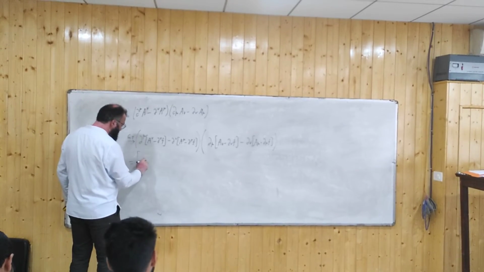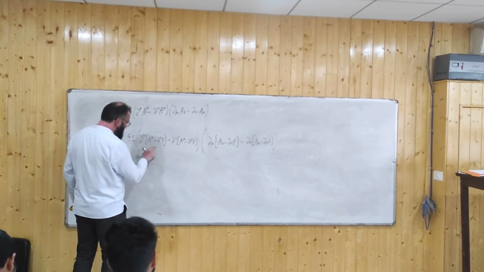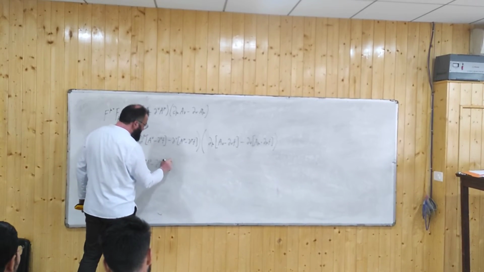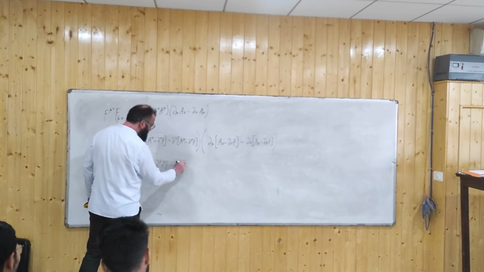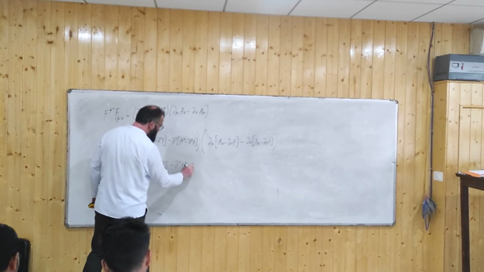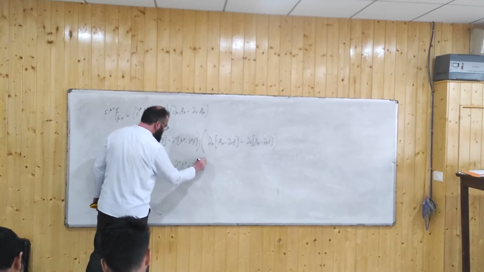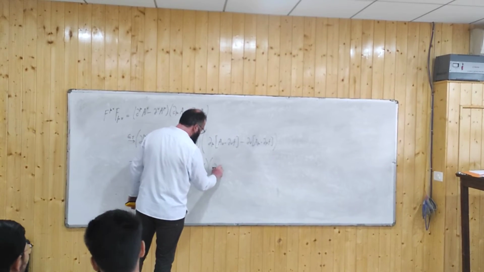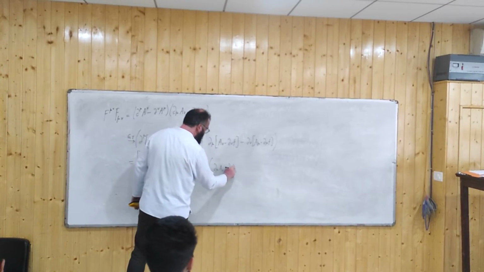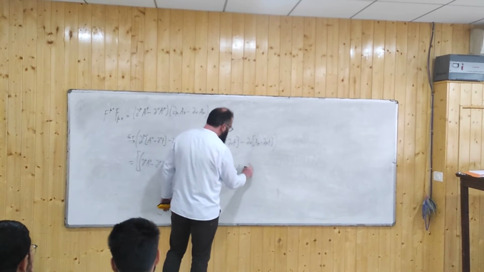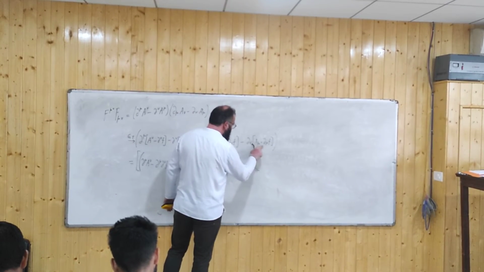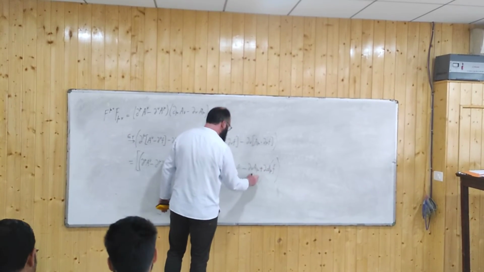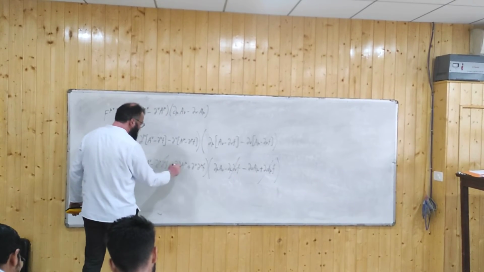So let's multiply. It's partial mu A nu minus partial mu partial nu F, and then minus partial nu A mu, minus and minus is plus, partial nu partial mu F. So this term cancels with this term.